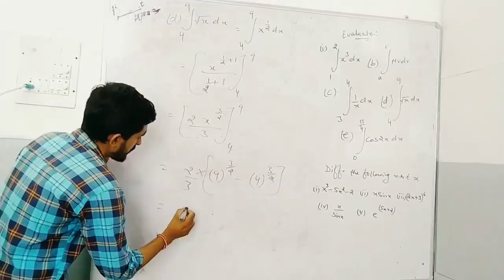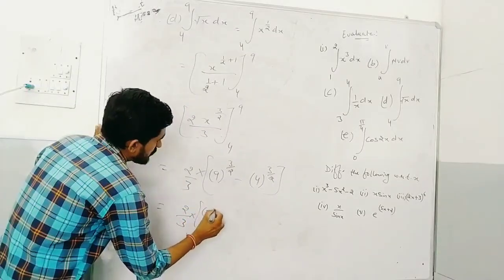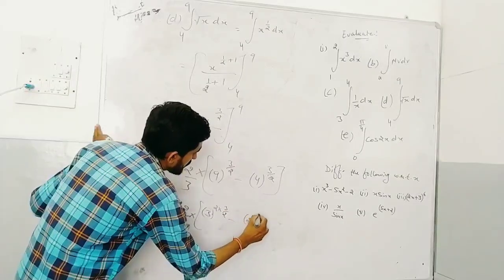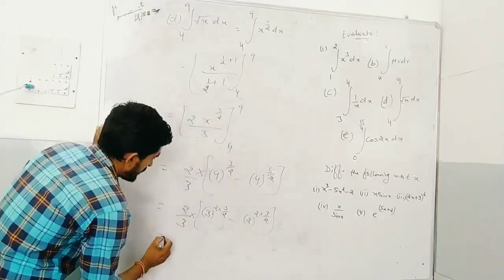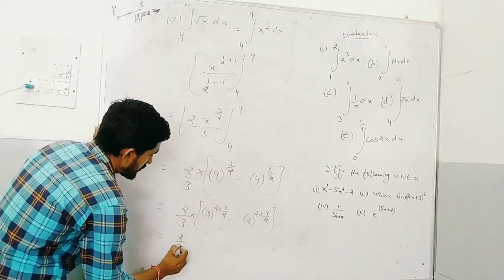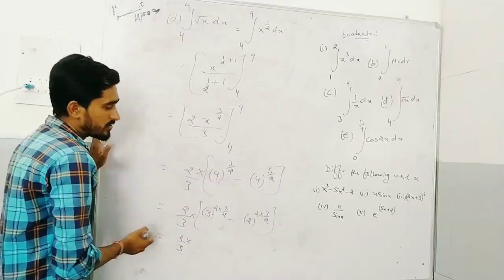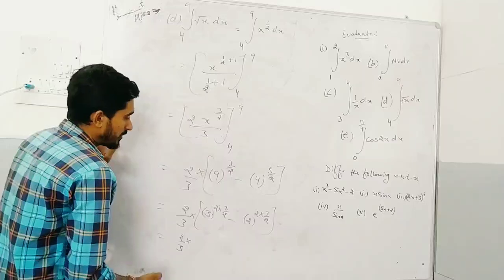Solve it further. It can be solved further: 3 raised to the power 2 into 3 by 2 minus 2 raised to the power 2 into 3 by 2. Then 2 upon 3, look at this, it is 3 square, it is 2 square, cut the power.